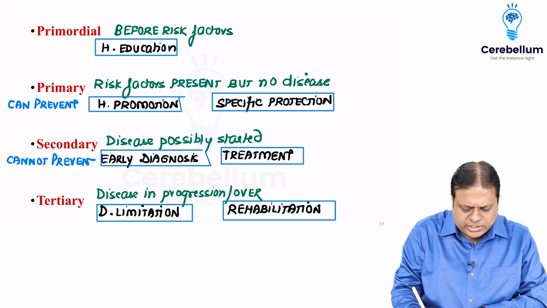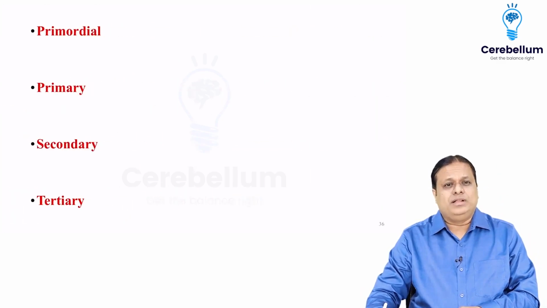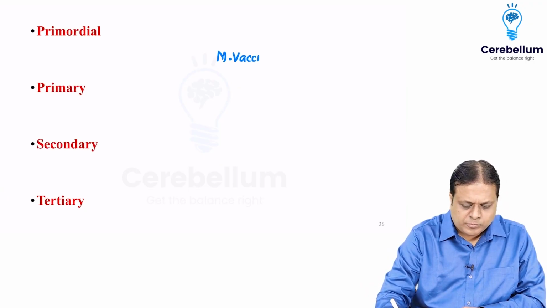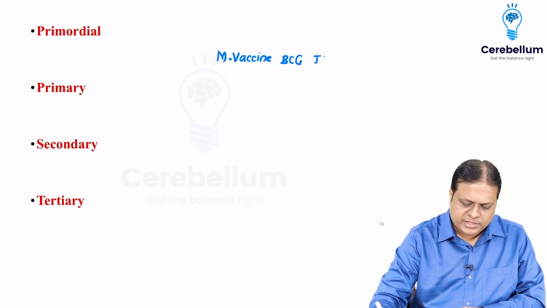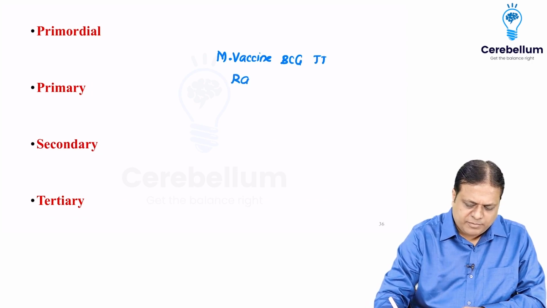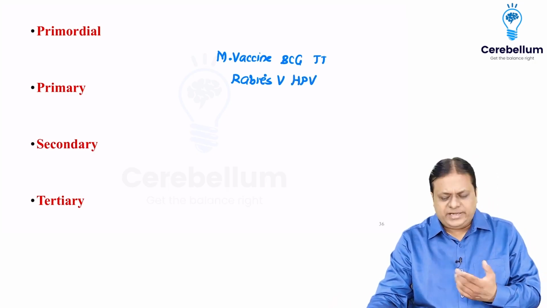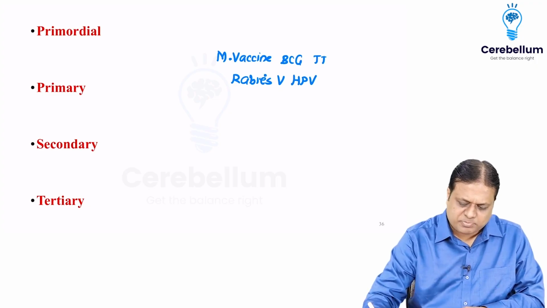So question usually comes in the form of an example, like if you are asked measles vaccine, BCG vaccine, tetanus toxoid, rabies vaccine, human papilloma virus vaccine. Vaccines are only taken when a risk factor is present.